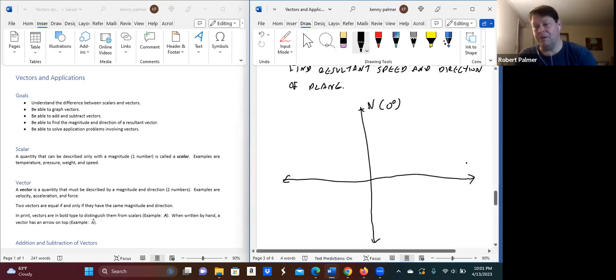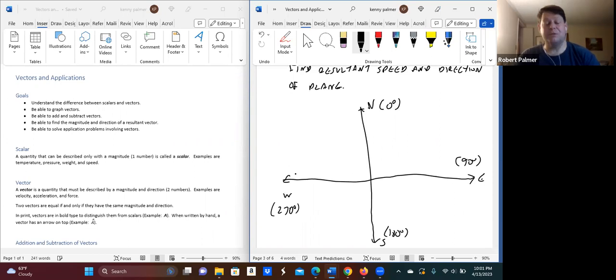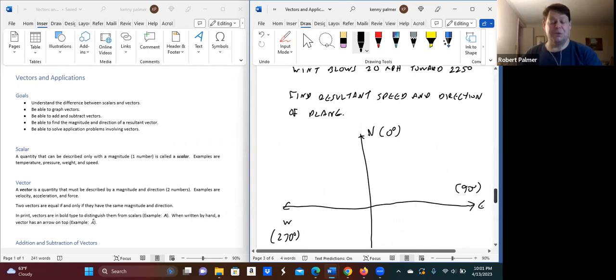Then due east is 90 degrees, due south is 180 degrees, and due west is 270 degrees. This is not the same as when we do trigonometry, where 0 degrees is along the x-axis. Here we're doing it this way. This is the way it's done with ships and airplanes.